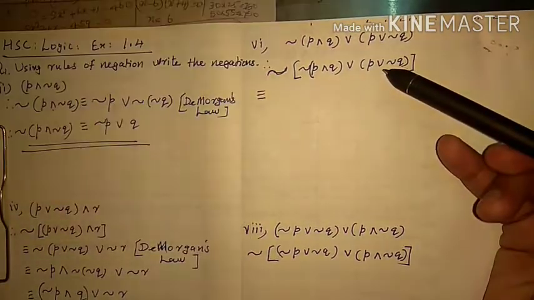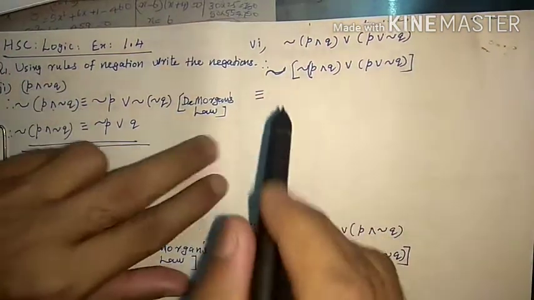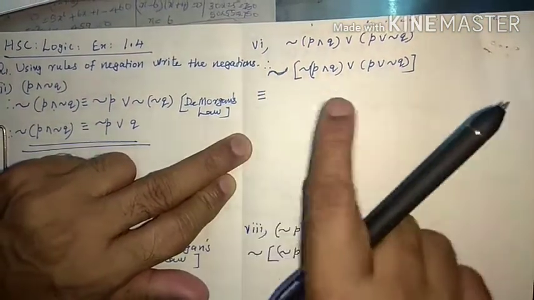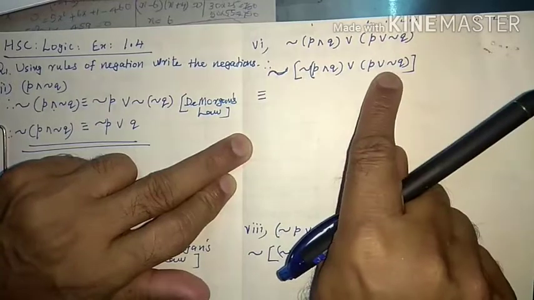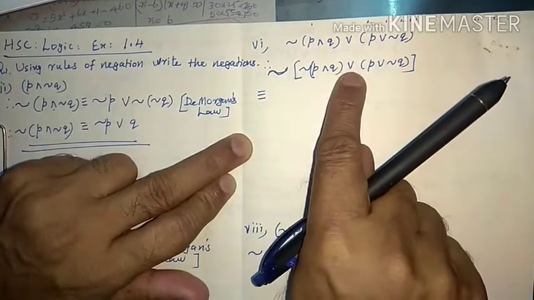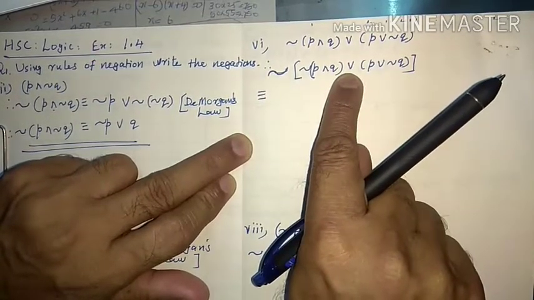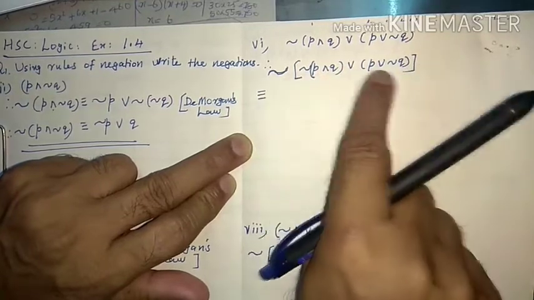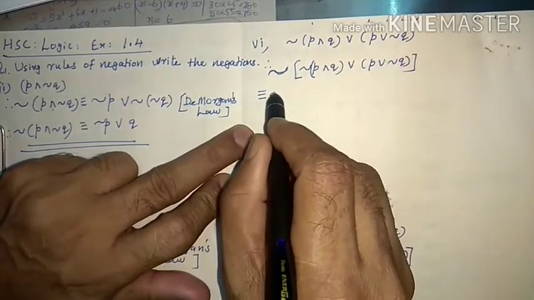Now we apply this De Morgan's law. We consider first statement, second statement, negation for first. This changes into inverted form. Conjunction, negation for second also. We apply that De Morgan's law.